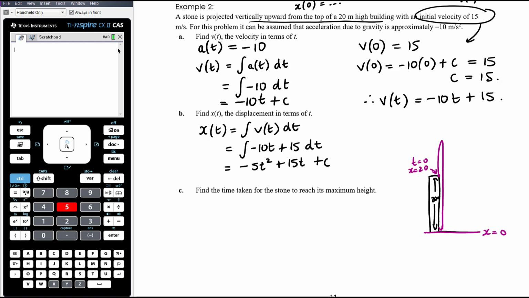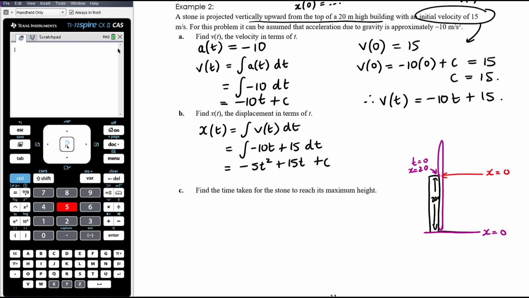The other way that you could measure it, and I'll show you that it gives you the same thing, is to measure this as being zero displacement, which would then mean the ground is a displacement of negative 20. So you just need to be consistent about how you define your displacement.